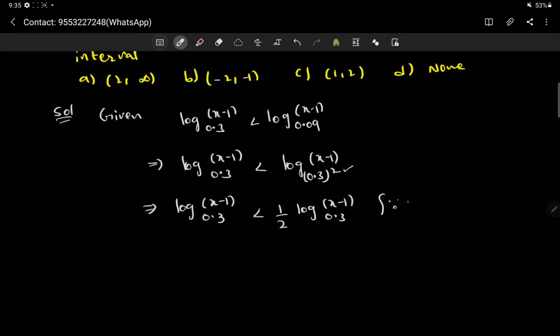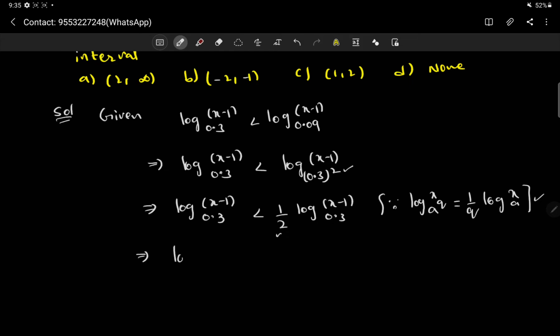Using the result that we have already discussed, log x base a power q can be taken as 1 by q times log x base a, that's why I have taken here 1 by 2. We already proved it.